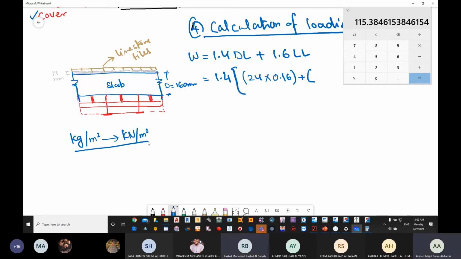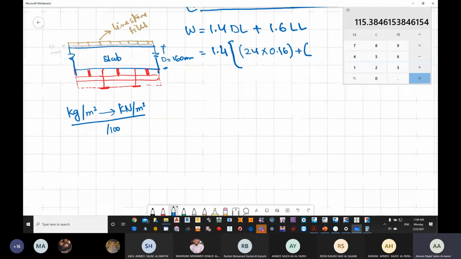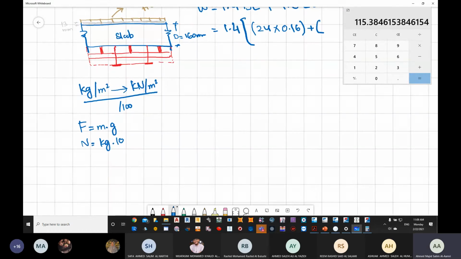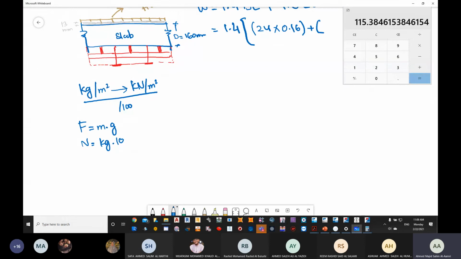We are going to divide by 100. Force is equal to mass into gravity. Unit of force is Newton. Unit of mass is kilogram. And then we are multiplying by 10. To convert from kilogram to Newton, we multiply by 10, and then to convert from Newton to kilonewton, we need to divide by 1000.